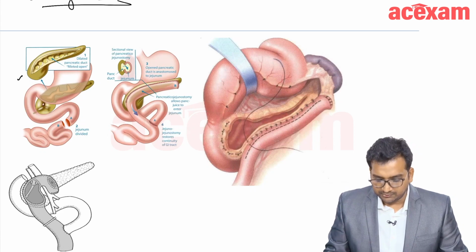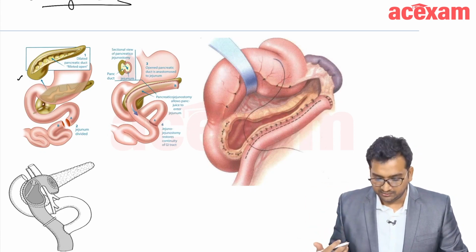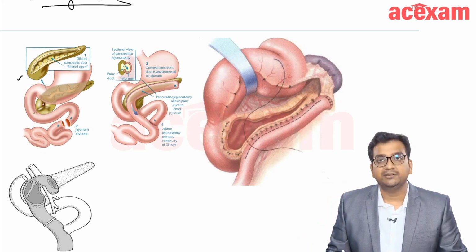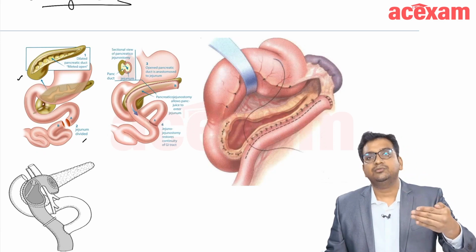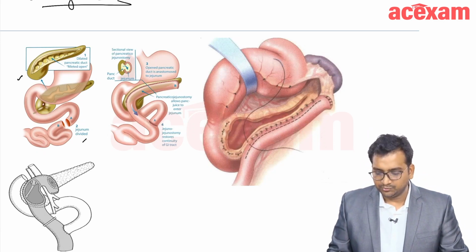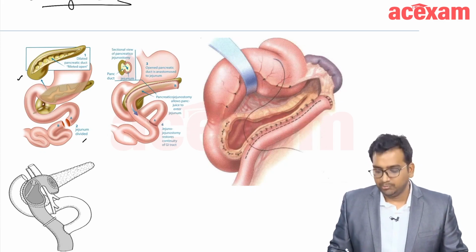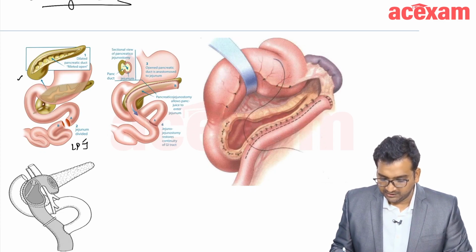So here, first, the dilated pancreatic duct is opened and cleared. Then the jejunum is divided. Then the jejunum is anastomosed to the pancreatic duct. So this way the pancreatic juice will directly come to the jejunum and will go into the body. So this is basically the LPJ or Puestow procedure.